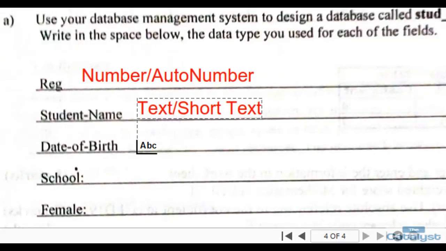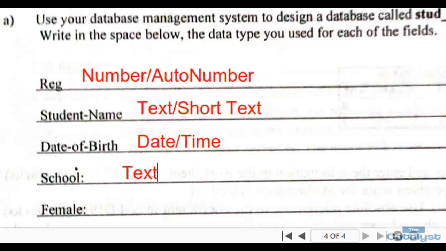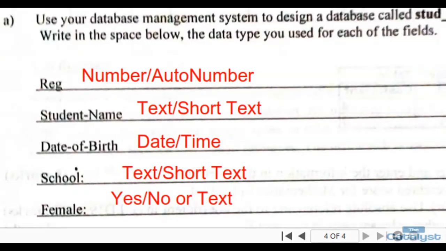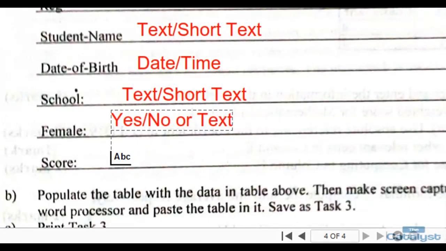The date of birth is date slash time. The school is text or short text. And female, we can use yes slash no or you use text. Okay. Score is number.